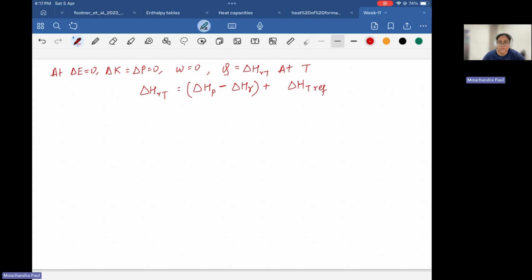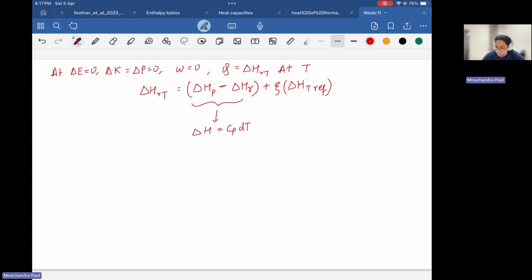If your reference temperature is 25 degrees Celsius, then this term is basically the standard one. And we multiply it with the extent of reaction, to account for the chemical reaction that is going on. Now, how do we solve this term? We have to use the definition of H equals integral of CP dT, right?